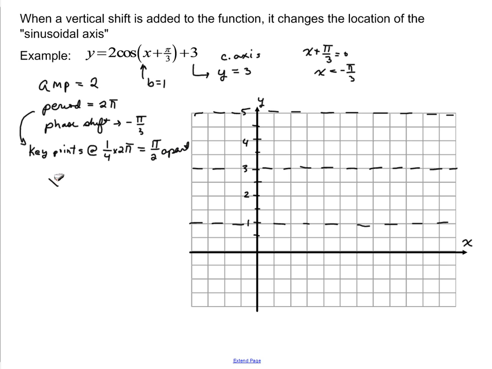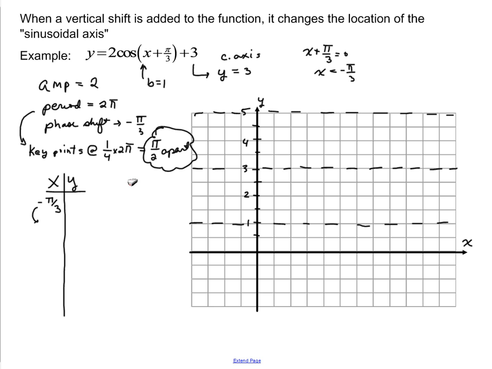So this is where I start making a table. For my x values, I always start at my phase shift of negative pi over 3. But then I'm going to have to add this increment of pi over 2 to get all my other key points. So I'm going to have to start adding by pi over 2. All right, well that means we're going to have to get a common denominator.